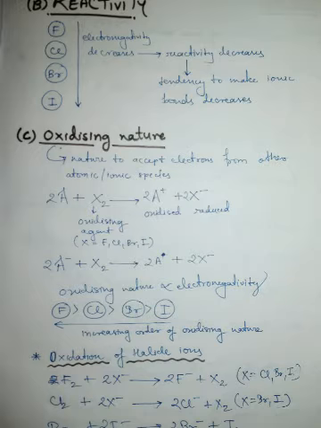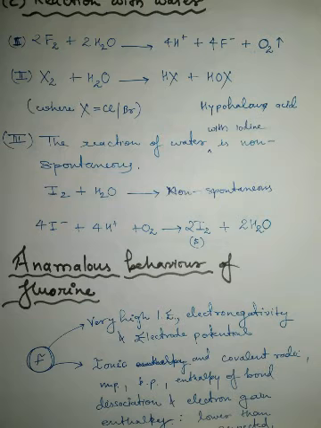Now suppose you have an ion and it reacts with the halogen molecule, so it will get neutralized and can form atoms or molecules, and again you will get a charge on the halogen atom. The oxidizing nature depends upon the electronegativity of the element. The more the electronegativity, the more the power to oxidize. So fluorine is a very good oxidizing agent and iodine is the least.